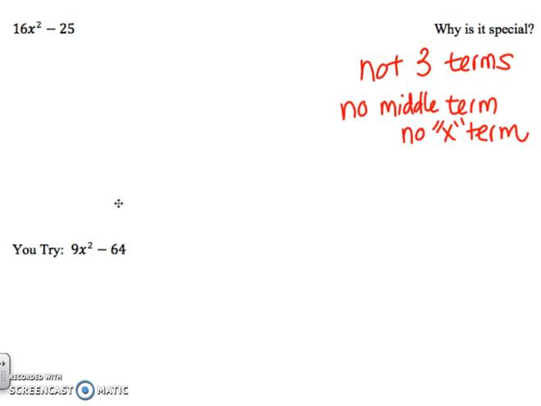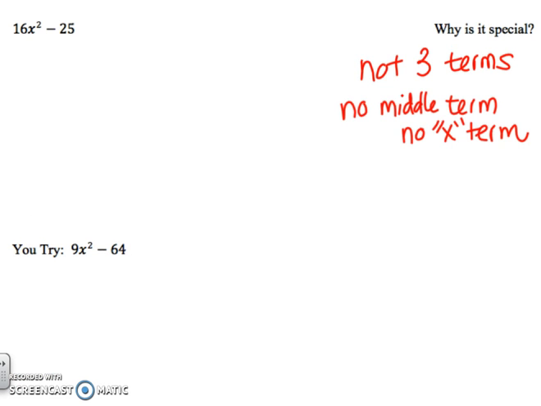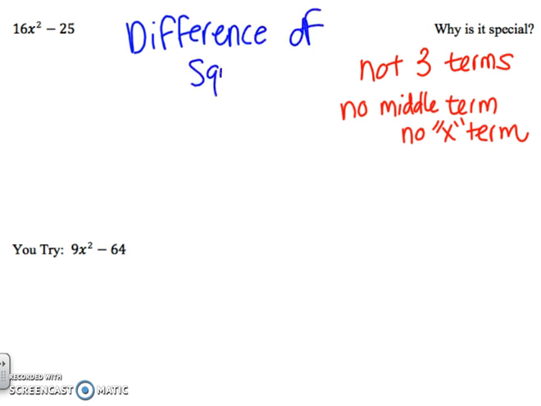Okay? So when that happens and there is no x term, it's got a nice name. It is called difference of squares. Okay. So now, obviously it's named difference of squares for a reason.